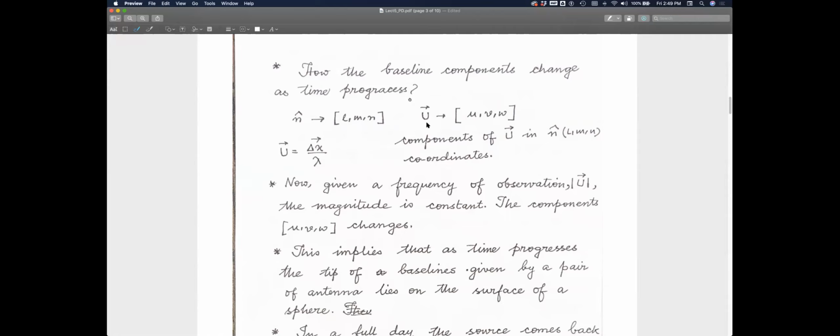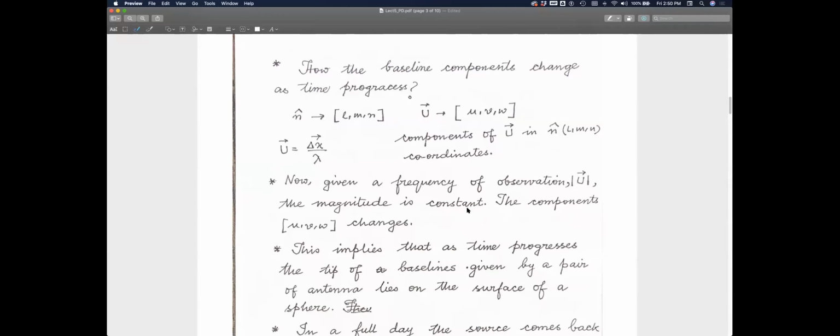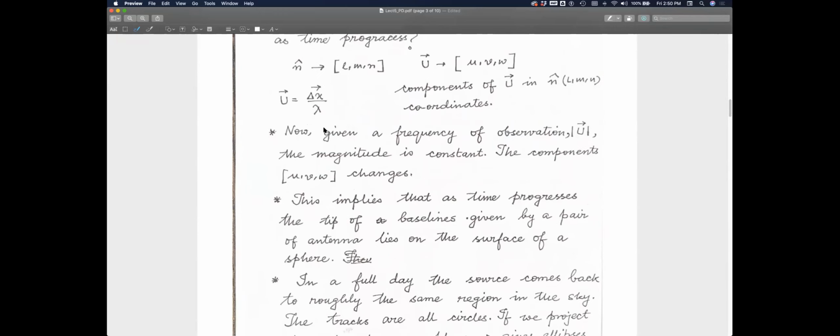This u is also the separation of the two antennas in physical units, so in kilometers, in terms of the observing wavelength. Now this separation of the two antennas never changes. The antennas don't shift their position. If I fix the frequency or the wavelength of observation, lambda also never changes, which means the amplitude never changes.